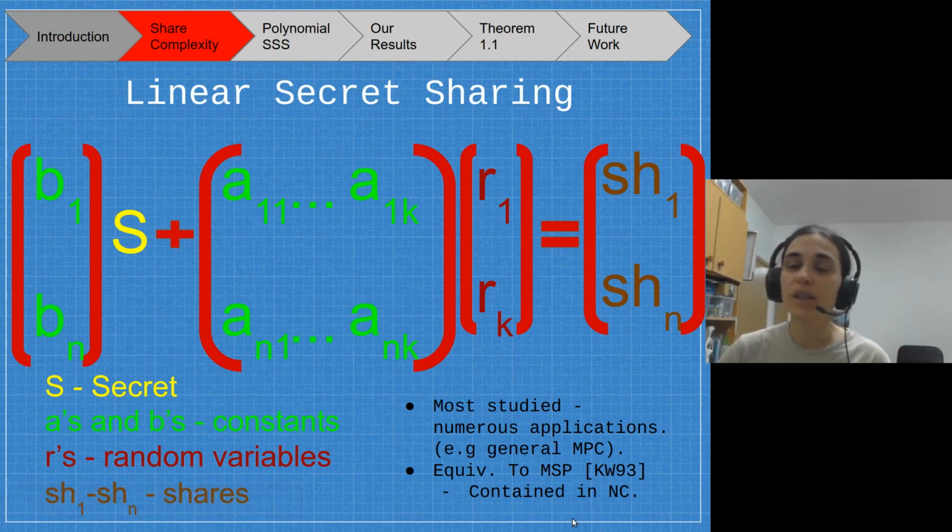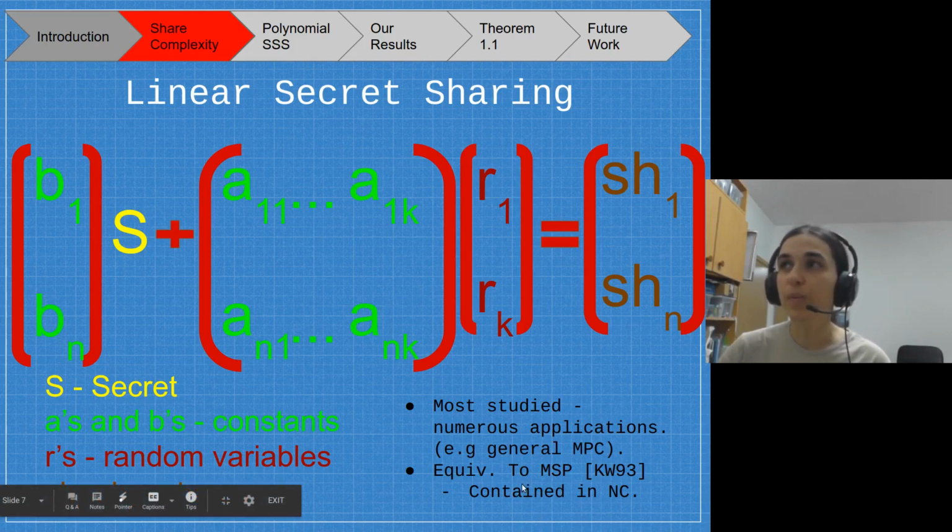But one thing that is not hard to see is that any access structure, viewed as a monotone function, that can be implemented by a polynomial-sized MSP is contained in NC. It can't be very complicated, just by observing how the secrets can be encoded and recovered in NC, because basically it's based on linear algebra.